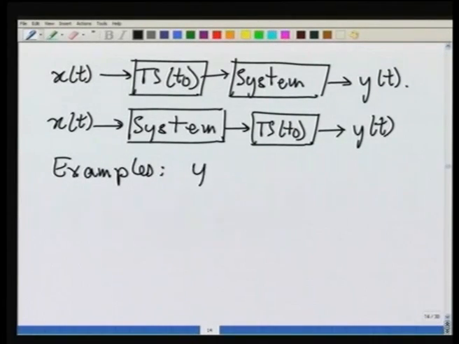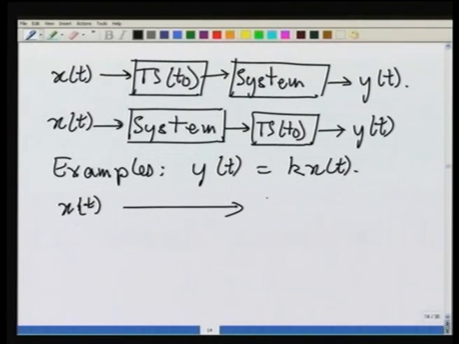Suppose y(t) equals k times x(t), then x(t) is applied to the system as last time to get k times x(t) as the output.